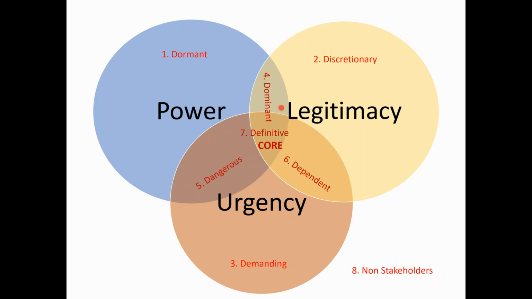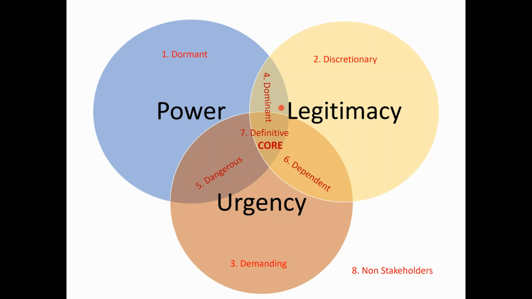So we have defined 8 different classes. When you say discretionary, is it discretionary on the part of the program manager, or is it a discretionary exercising stakeholder? From the program manager's point of view, if there is legitimacy with the stakeholder but he doesn't have any power or urgency, if the program manager can accommodate, he may. So it is on the part of the program manager.